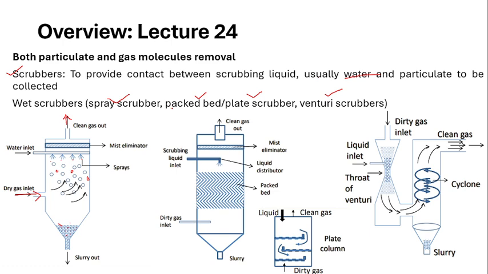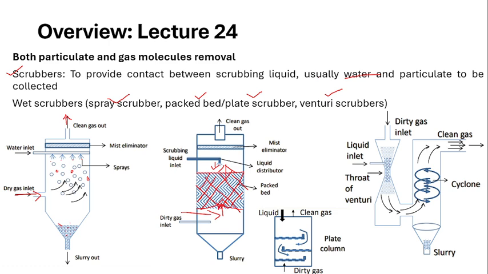And next one is the packed bed scrubber. So here, as the name indicates, here is the packed bed. So the packed bed will be having some materials, which is going to interact with our dust particles. So whenever the dirty gas is entering here and it is coming in contact with the packed bed, it has to flow through this packed bed, and we are again introducing the scrubbing liquid from the top, and the gas is introduced from the bottom.